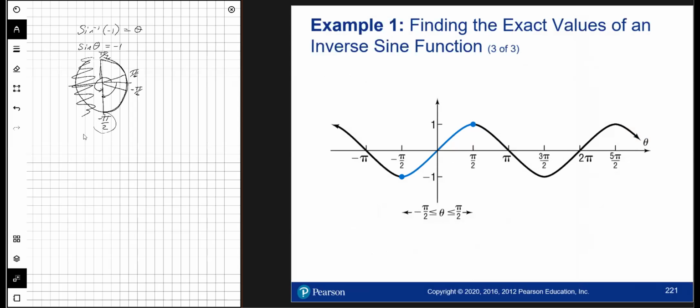Because -1 happens here, and happens here, and happens further down, and happens this direction as well. But we're only looking at this interval here between these two x values, including those x values. So -1 only happens here in this interval.